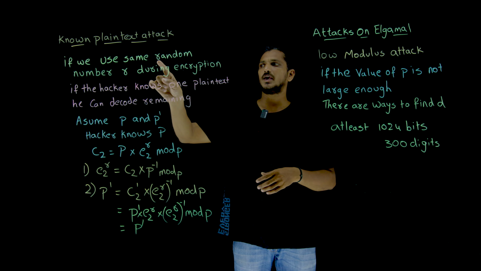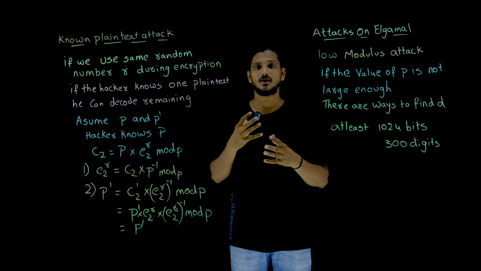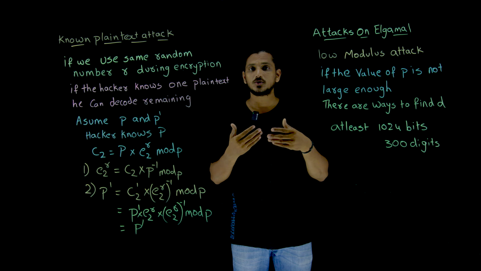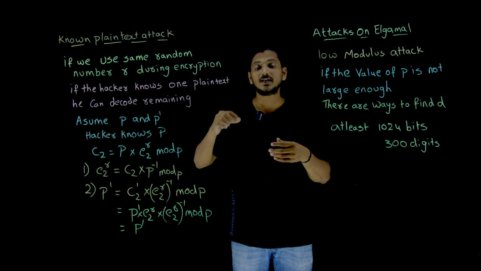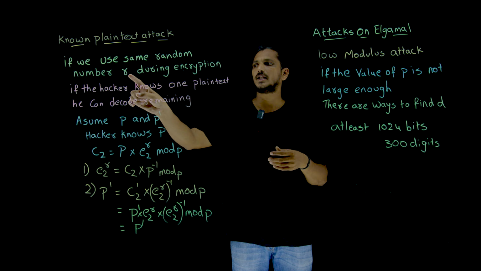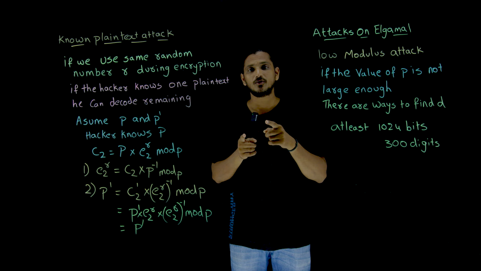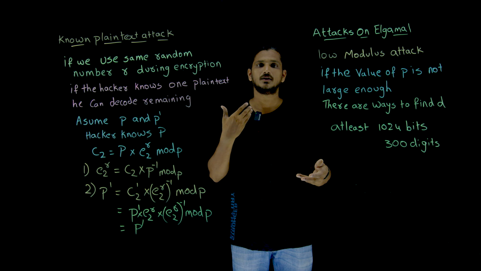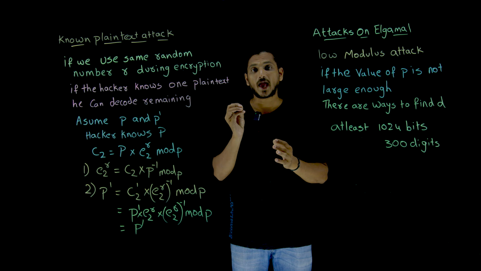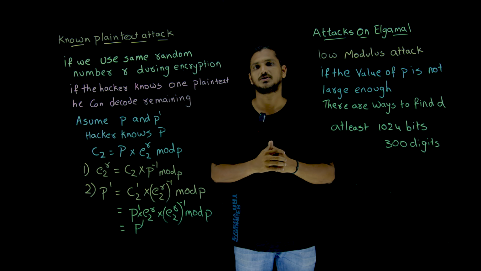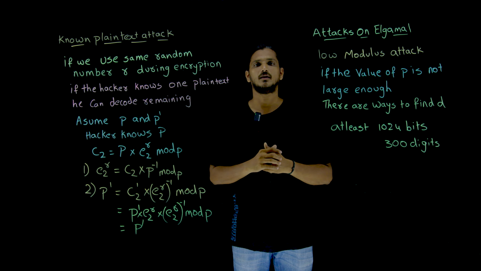What do we do in our system for encryption? The sender takes the public key and randomly generates a number, which we call R. If he uses the same R value for all the messages, it is easy to crack the remaining messages if the hacker knows any one of the plain texts.